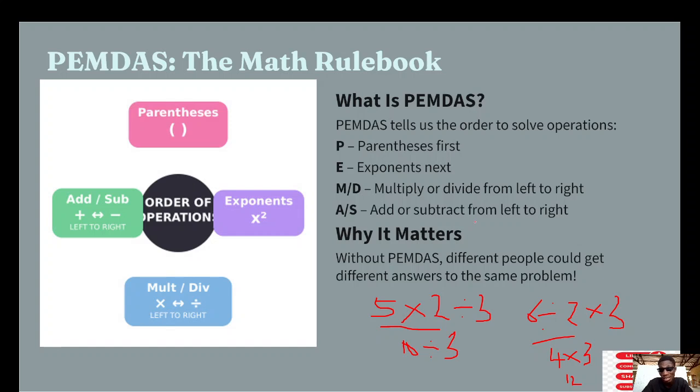Without PEMDAS, different people could get different answers to the same problem. So PEMDAS is very, very important. As we look at some examples, numeric and variable examples, please remember this, because we'll be applying it in the lesson so much.